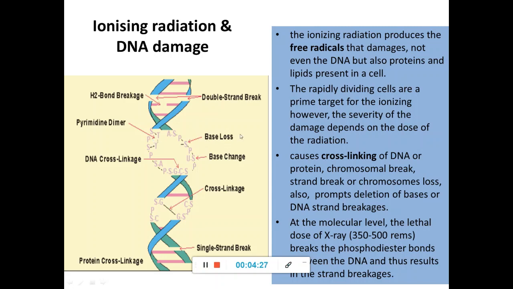Base loss can happen, then base change can happen, and DNA cross linkages can happen. Then cross linkages between bases can happen, then single strand breaks can happen. All the severity of the ionizing radiation depends upon what? The dosage of the ionizing radiation.